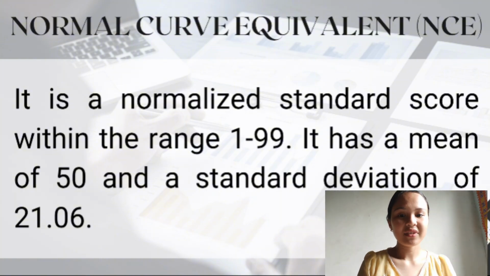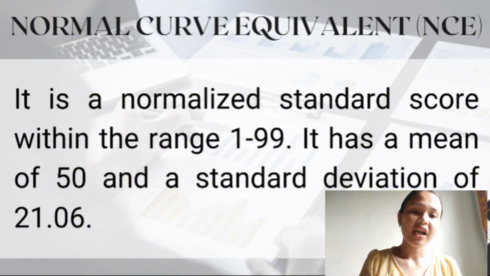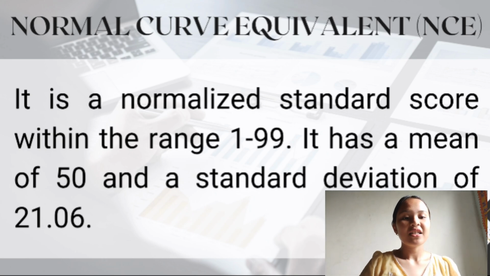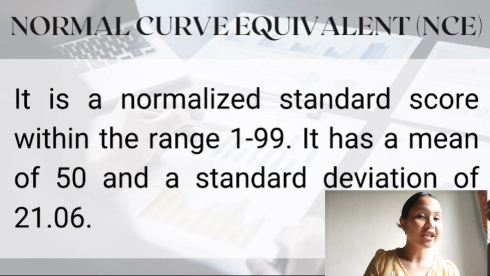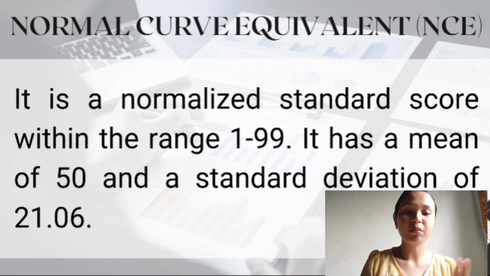Example, an NCE of 30 in reading is twice as far from the mean compared to an NCE of 40 in mathematics. The student's score in mathematics was 10 points higher than in reading, but both are still below the average score of 50.